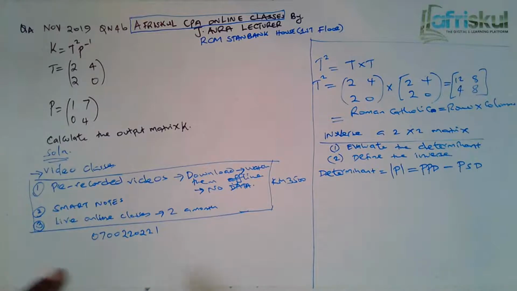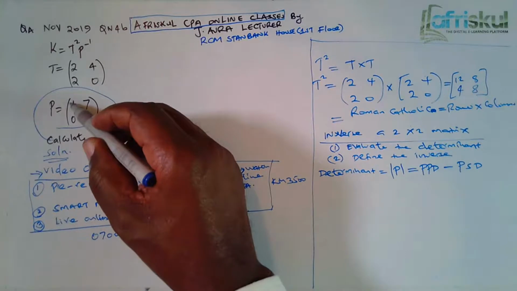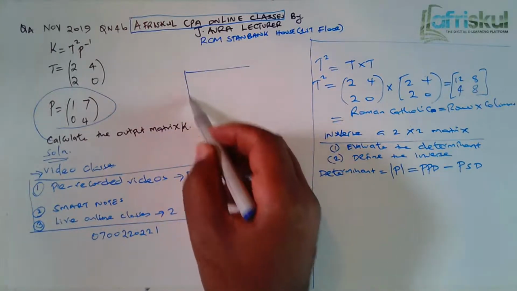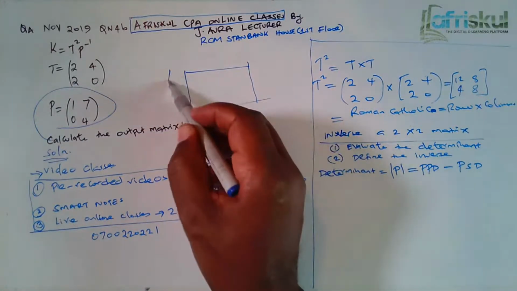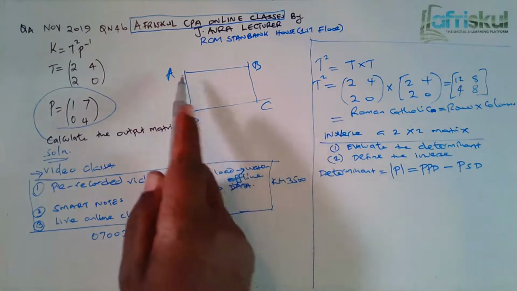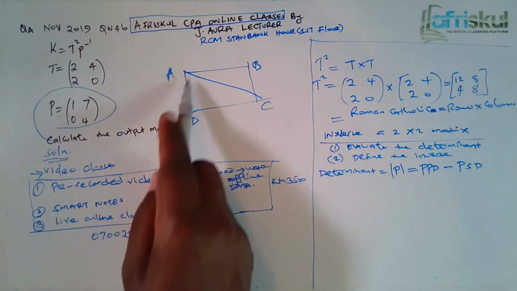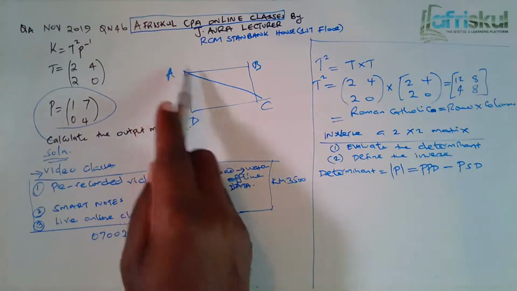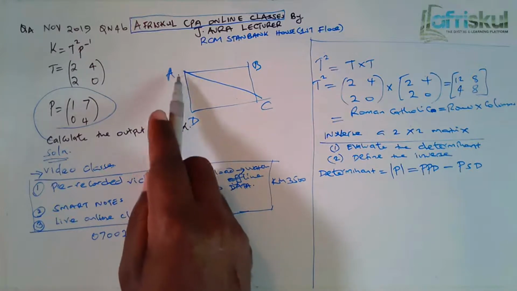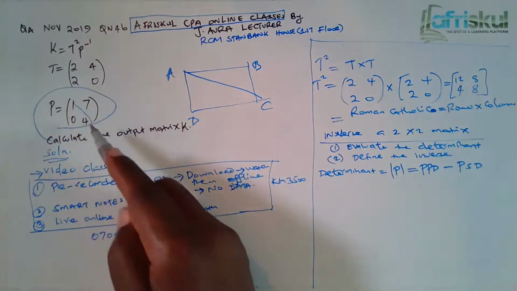When you look at our matrix P, the primary diagonal is the one that starts from the first element. If you have your rectangle, this is A, this is B, this is C, this is D. So we have 1 versus 4.